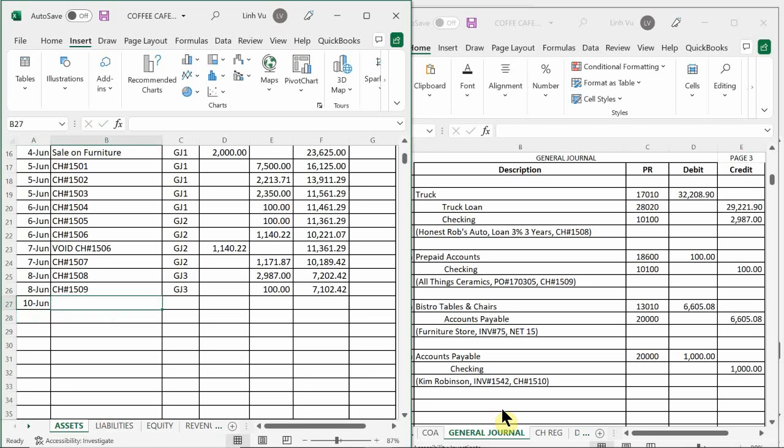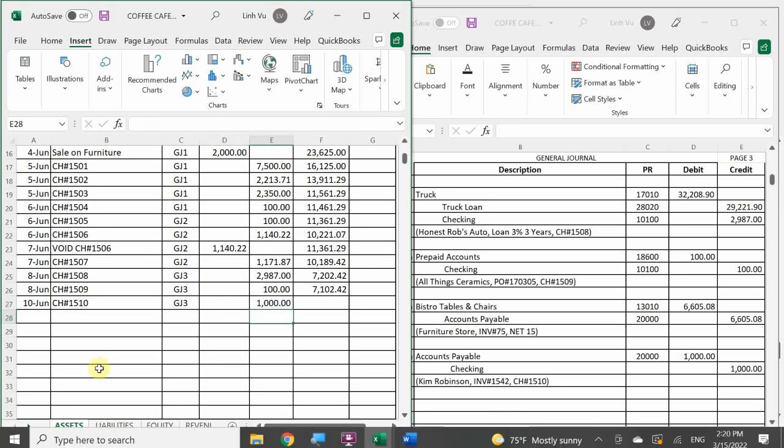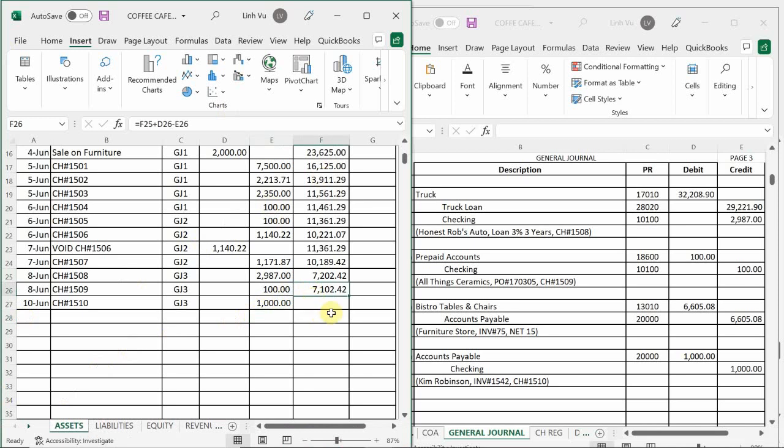So it's June 10. And I cut check number 1510, General Journal 3, and I cut it for $1,000. So in this case, I went from $7,000 to $6,000.